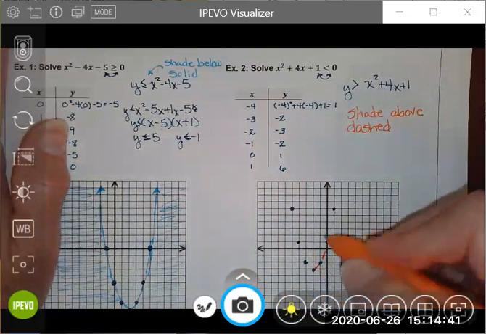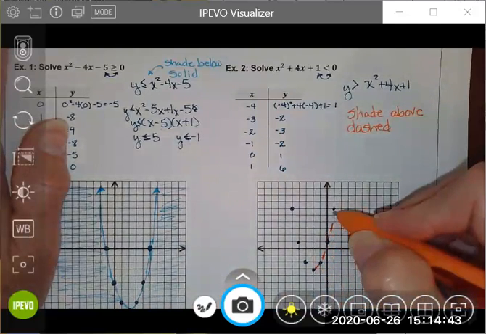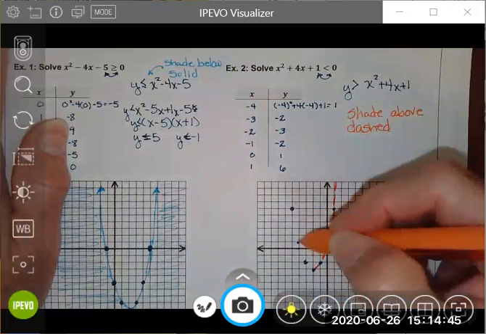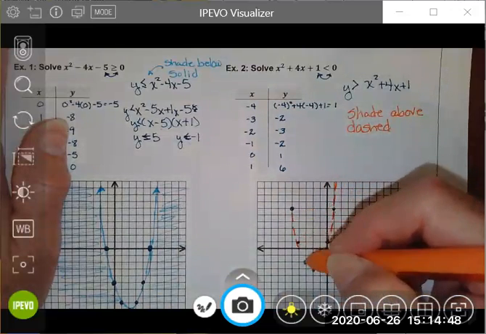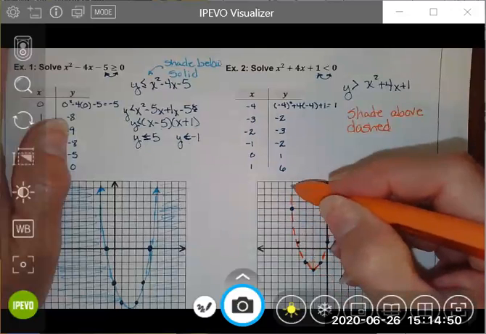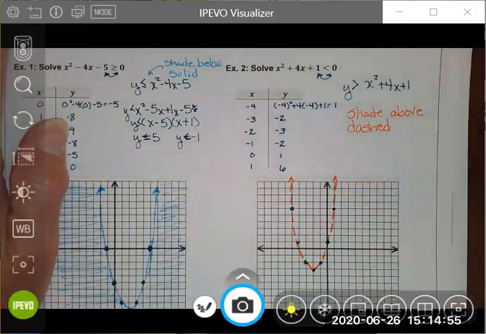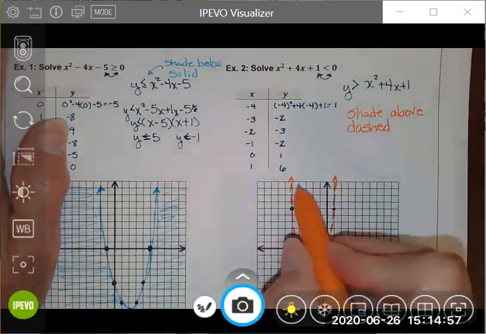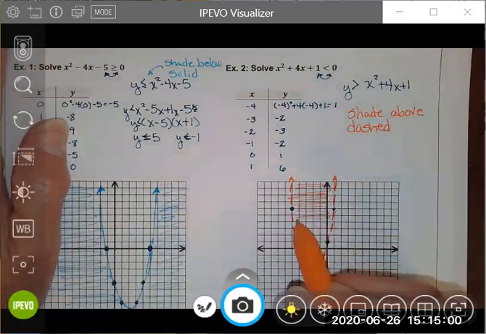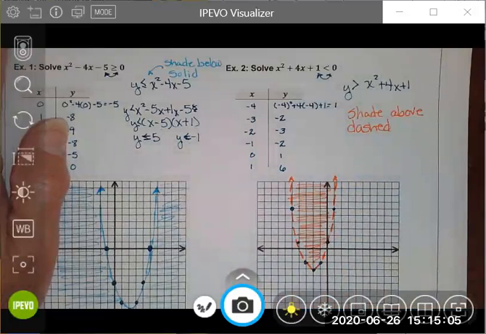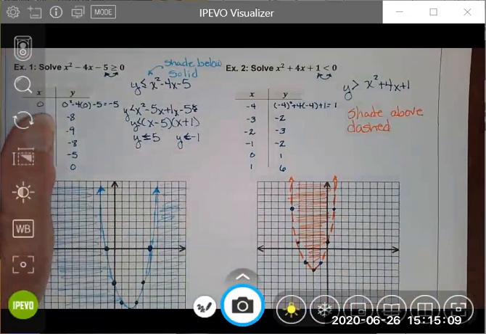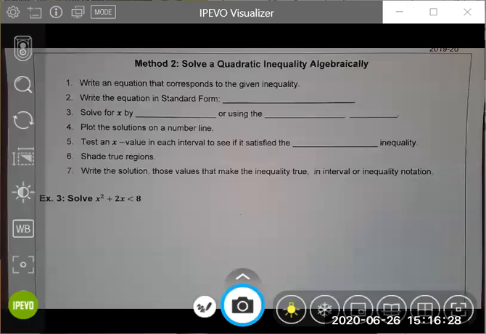And I'm going to go ahead and remember, shockingly, to make a dashed parabola. And in this particular case, we are shading above. So the ordered pairs that represent solutions to this inequality will all live inside that shaded area. And that's a real simple way to find the solution set graphically for a quadratic inequality.